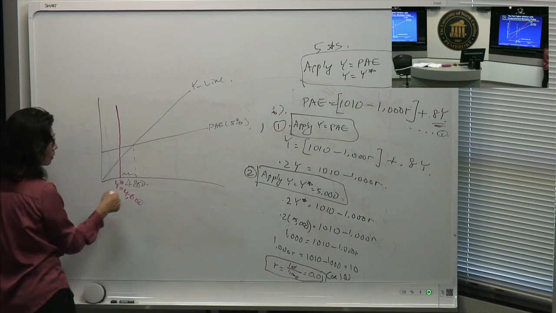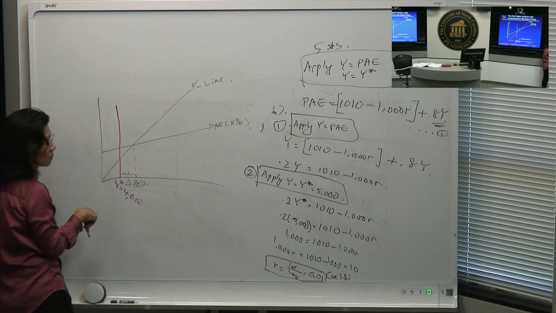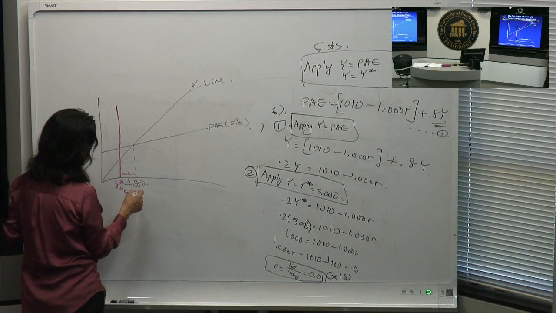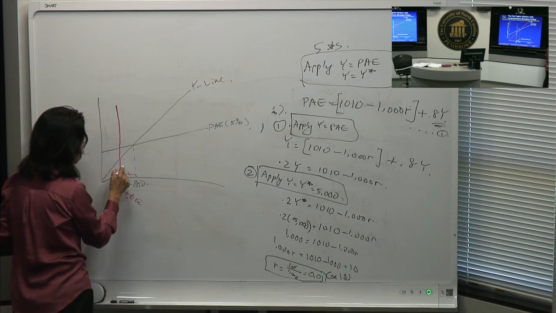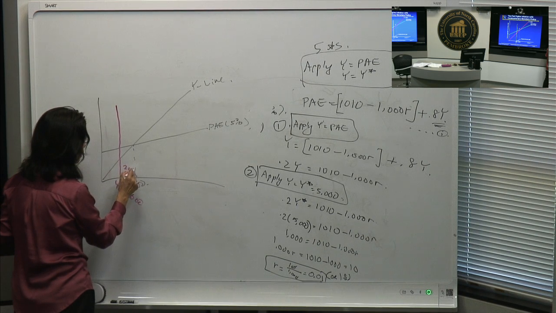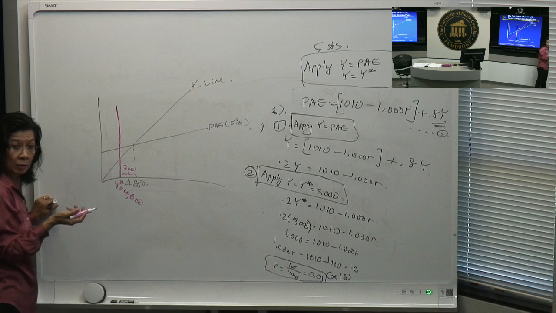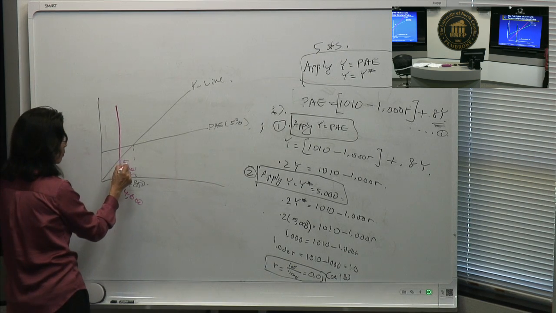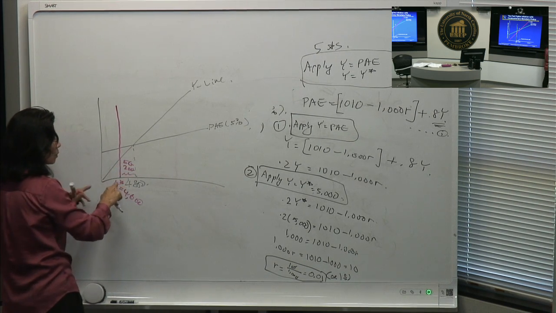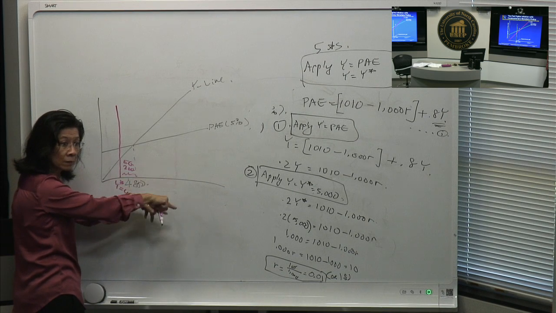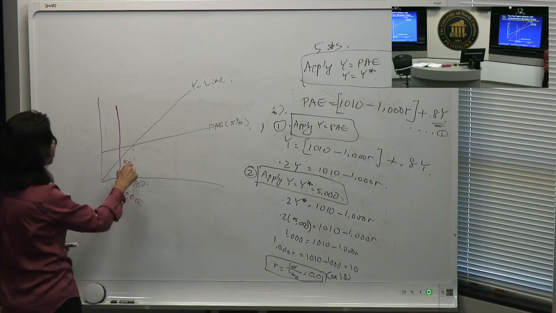So what's the difference here? 4,800 minus 4,600. You got 200, okay. But now, what kind of gap is this? This is an expansionary gap, very important, because your Y is now to the right of your Y star, okay?